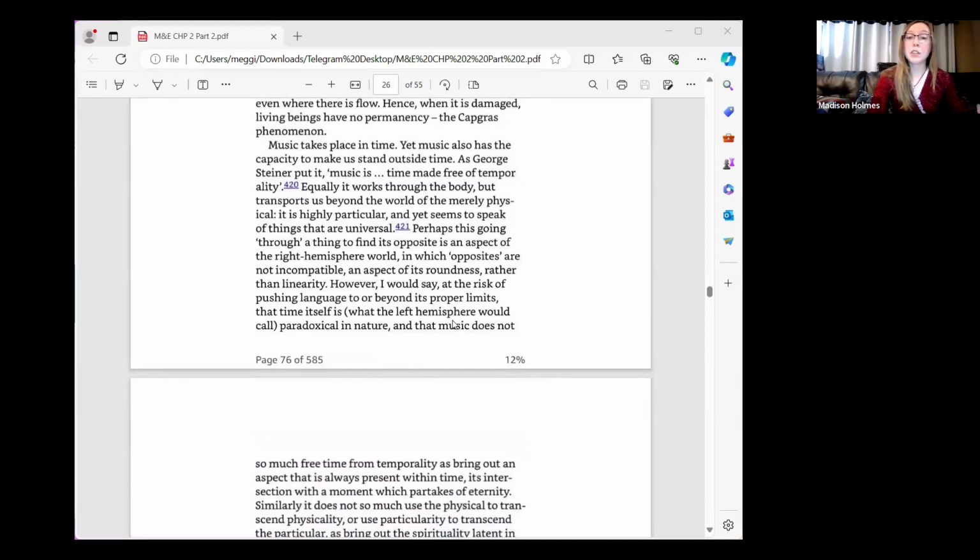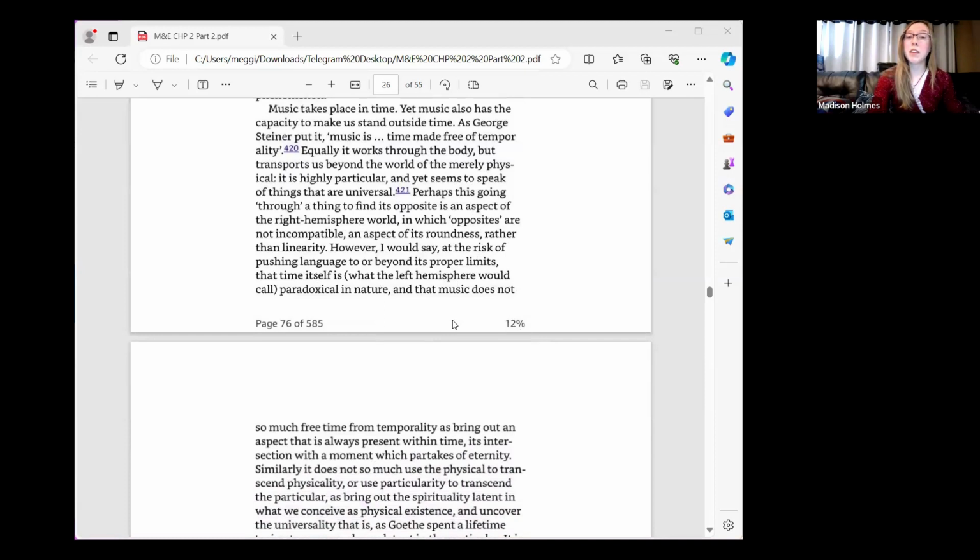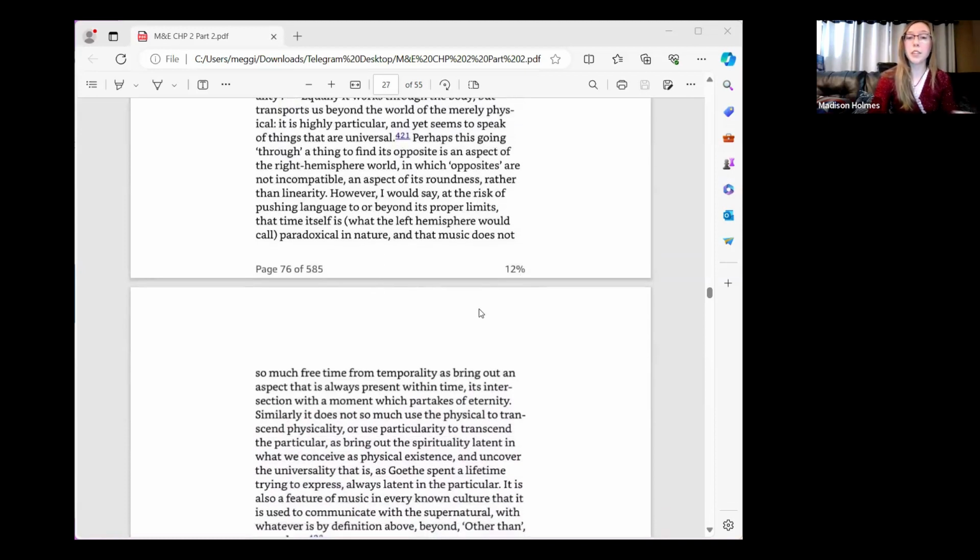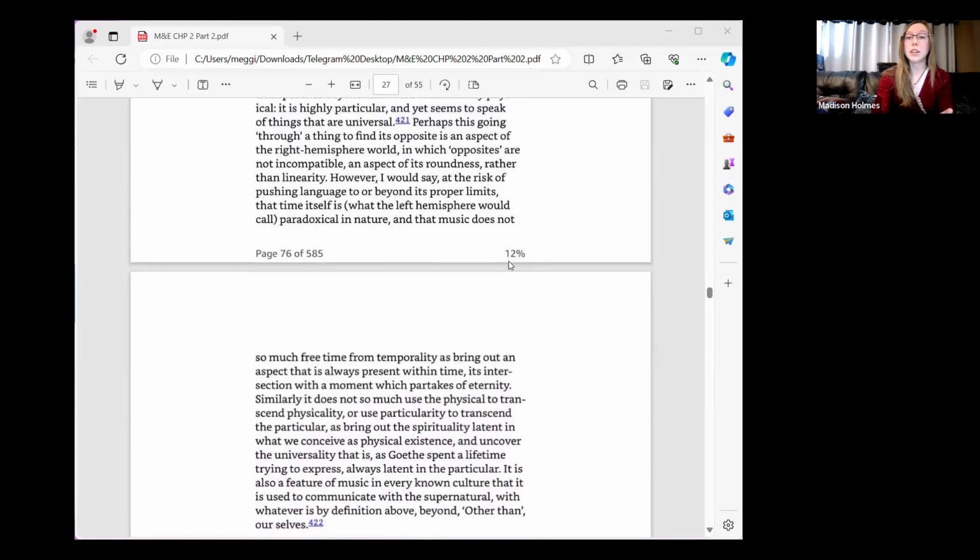It is highly particular, and yet seems to speak of things that are universal. Perhaps this going through a thing to find its opposite is an aspect of the right hemisphere world, in which opposites are not incompatible, an aspect of its roundedness rather than linearity.